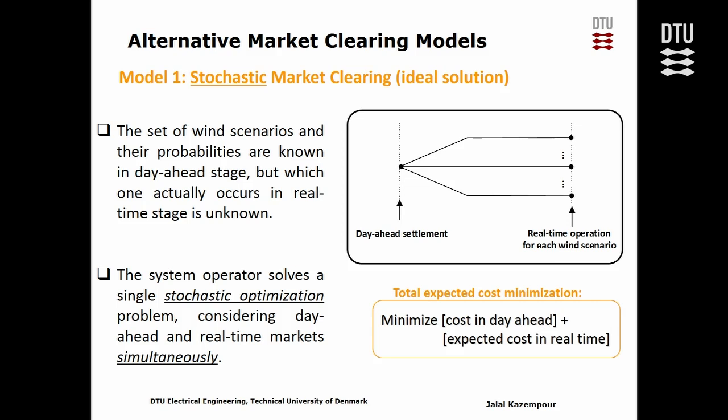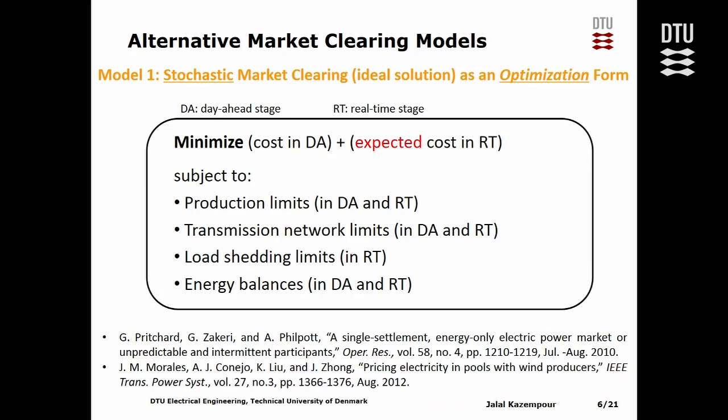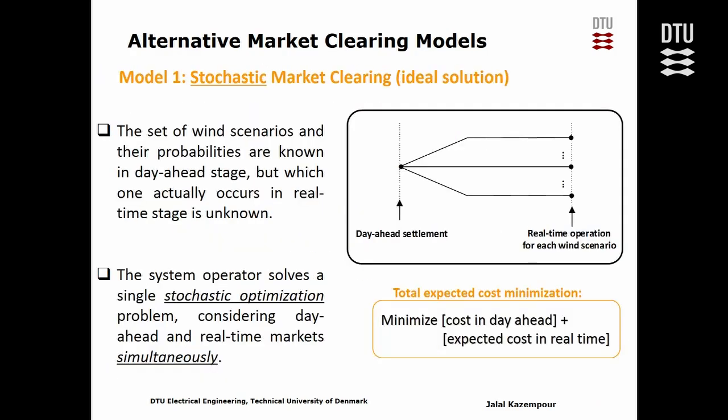If you just clear the deterministic market, you would only need to minimize the system cost in day-ahead. But since it's stochastic, you would like to minimize your cost not only right now, but also the potential future costs. So it's minimizing the cost in day-ahead, which is deterministic, plus the expected future cost at the real-time level.